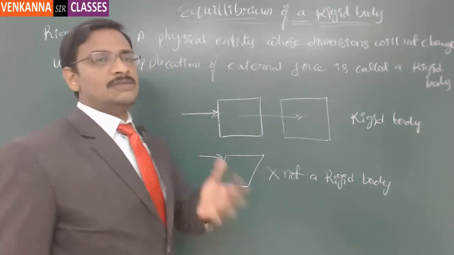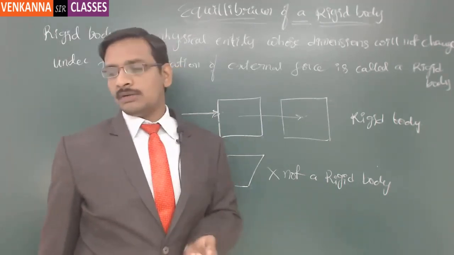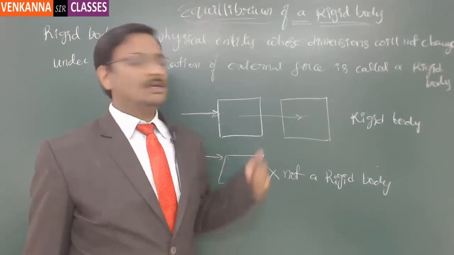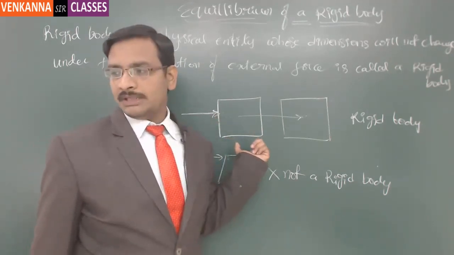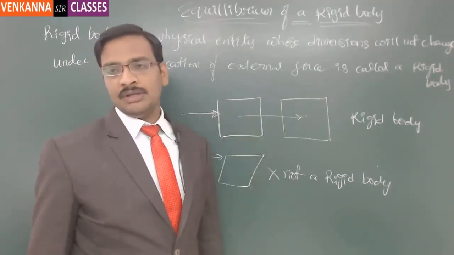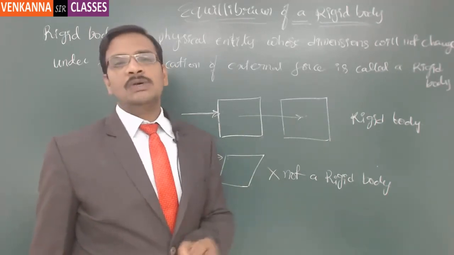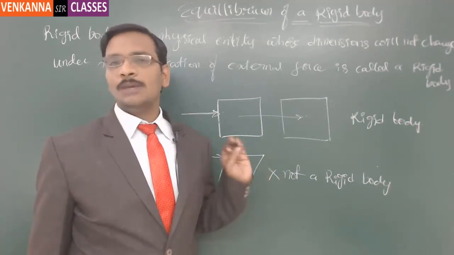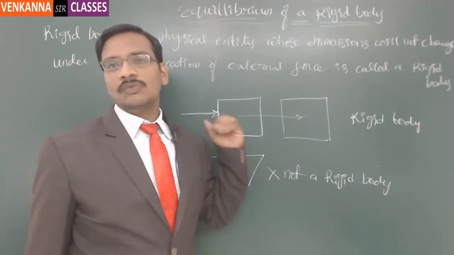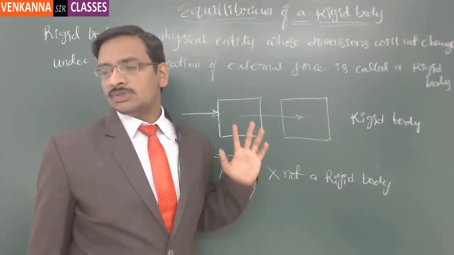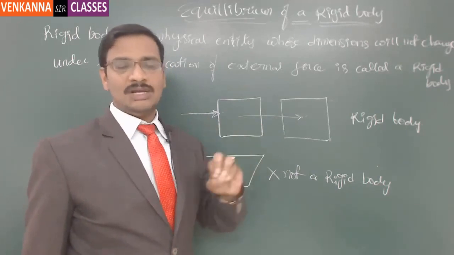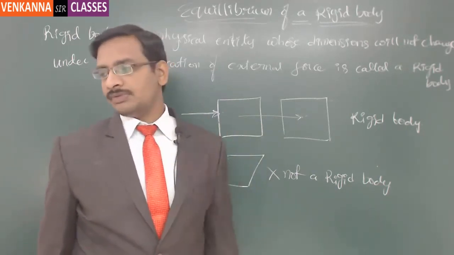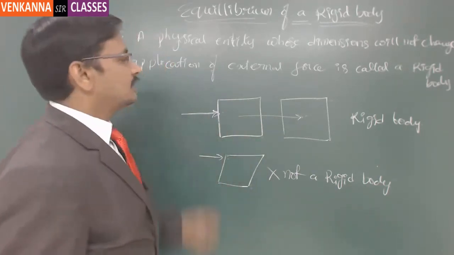That means suppose it is the order of a nanometer or a micrometer, then actually it's not appreciable, but still there is a deformation. Now for our calculation purpose, we assume that there is no deformation at all, zero deformation under the application of the force magnitude of any quantity. So this is how explicitly we state that the body is rigid. Got it? So this is the rigid body.